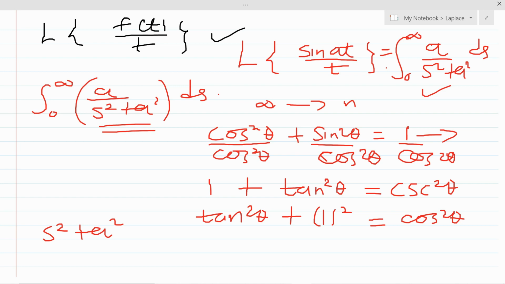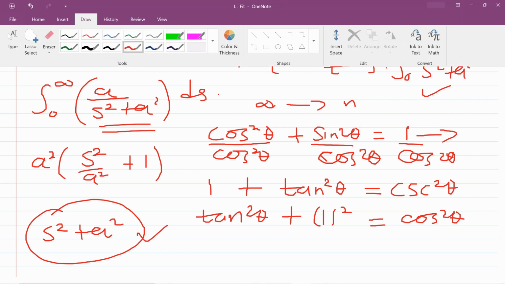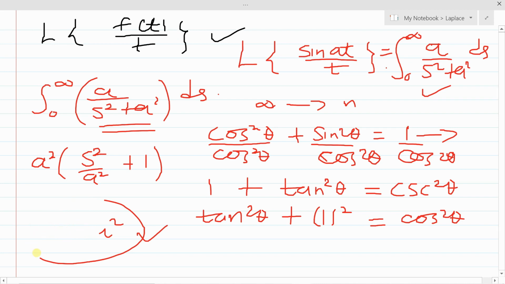So we manipulate s squared plus a squared to get something squared plus 1 squared. What we can do is just factor a squared out, and this is why we have s squared over a squared plus 1. If you multiply a squared through this, you get it back.